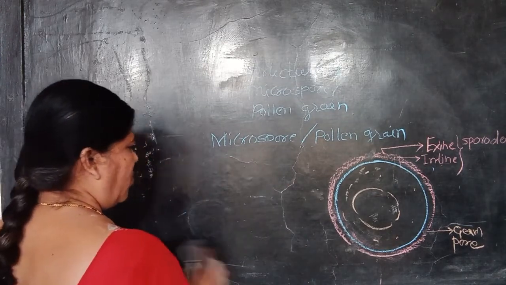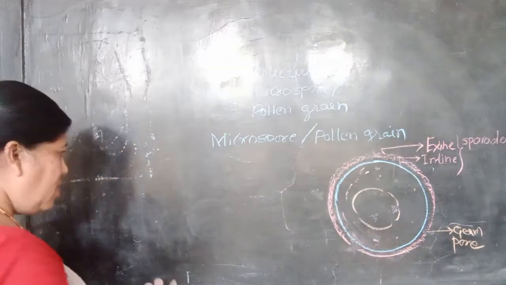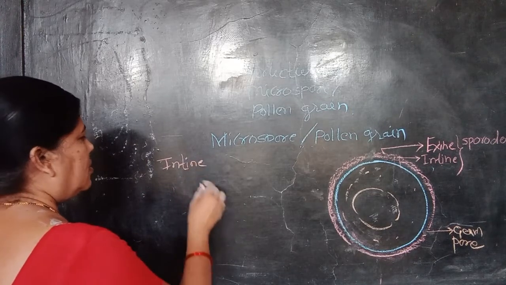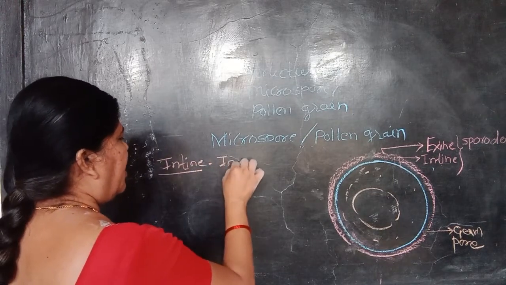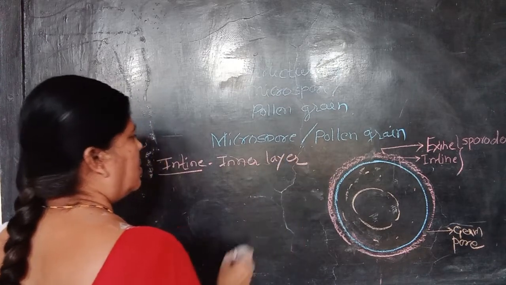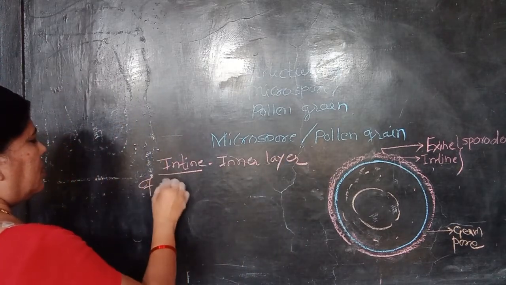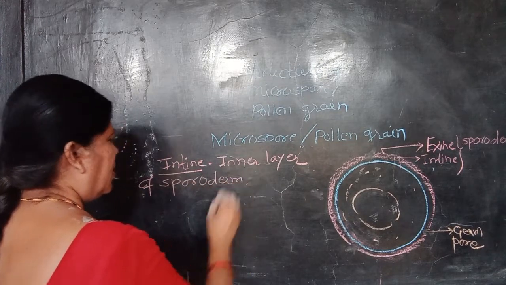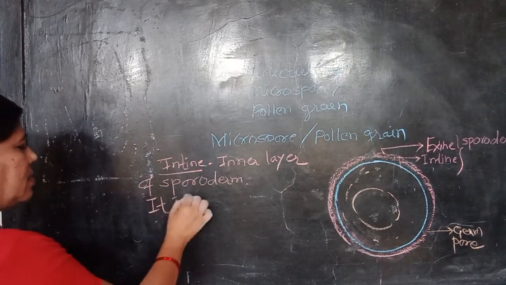Next point is about intine. It is the inner layer of sporoderm. It is thin.